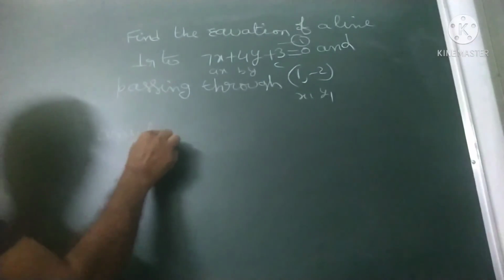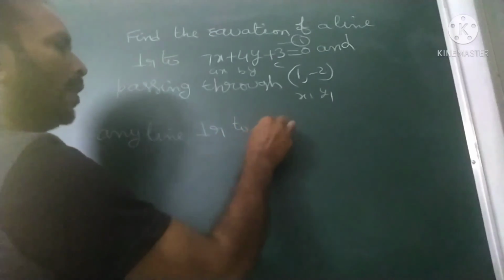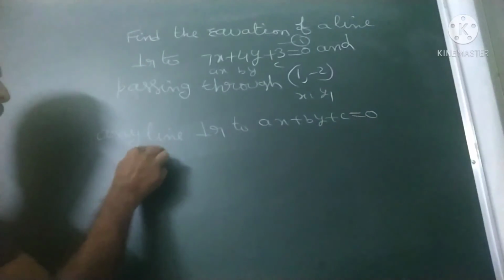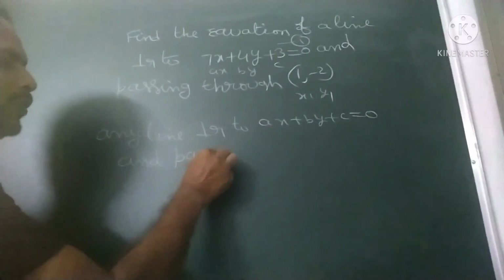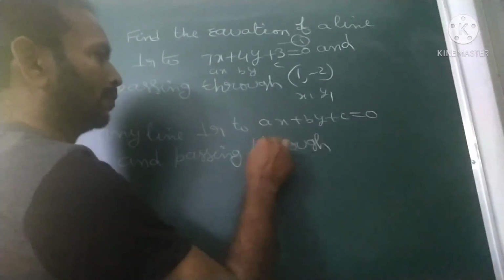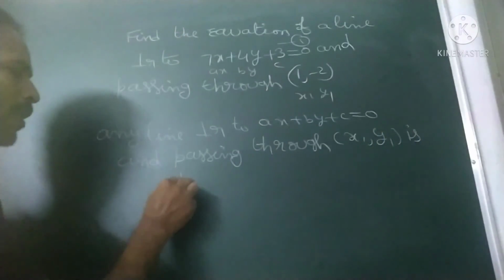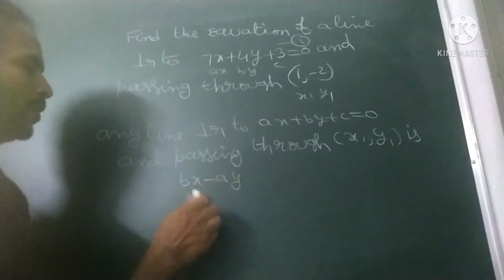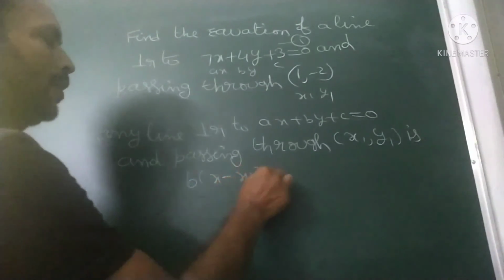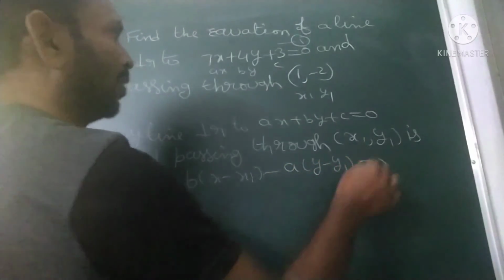Any line perpendicular to ax plus by plus c equal to 0 and passing through x1 comma y1 is b into x minus x1 minus a into y minus y1 is equal to 0.